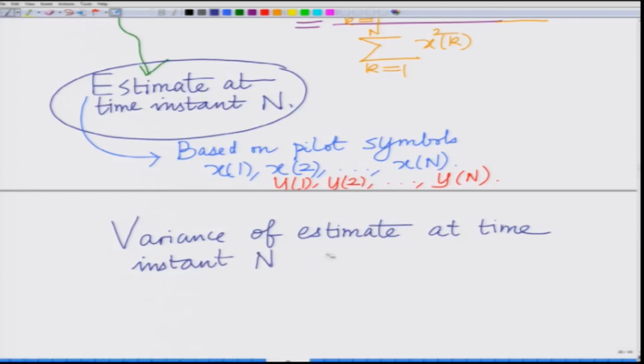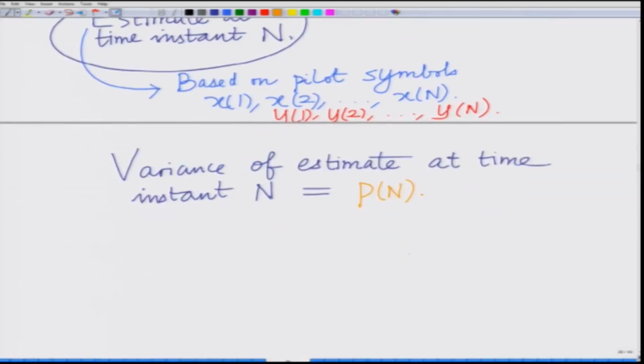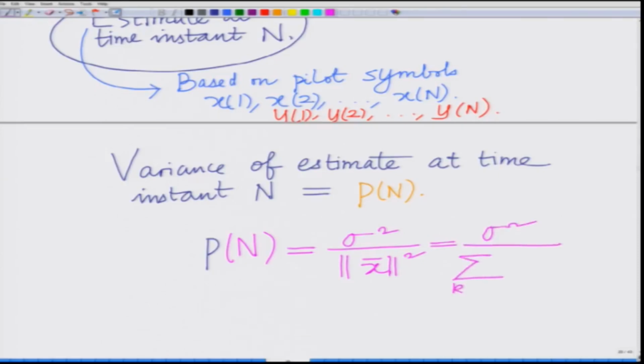Let us denote this by P of n, the variance at time instant n, and we know that this P of n is equal to sigma square divided by norm x bar square, which is basically equal to sigma square divided by summation k equal to 1 to n x square of k.